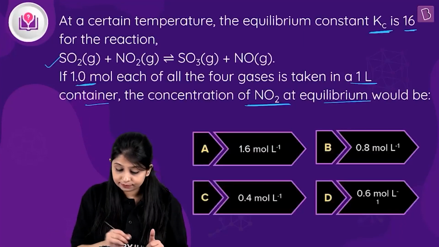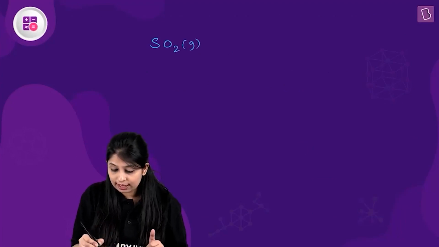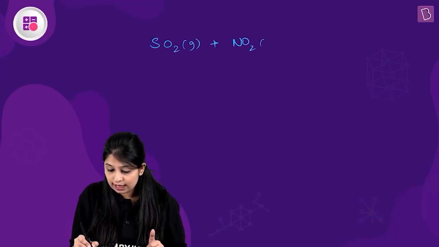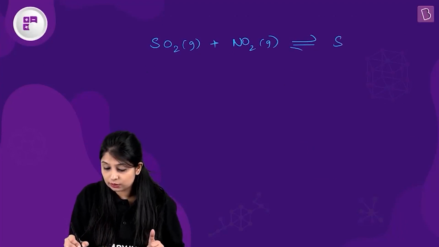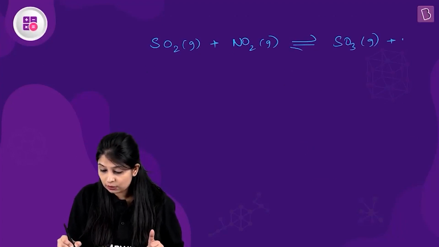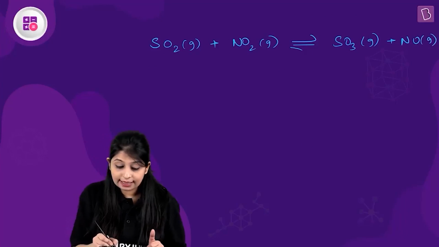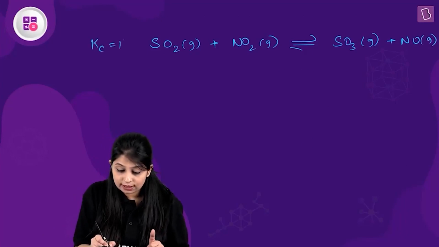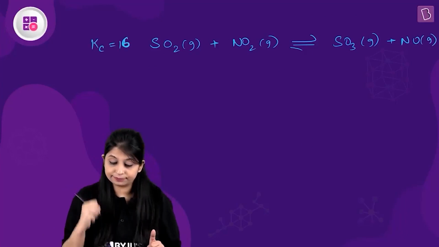Okay, so let's see what reaction we have here. We have SO2 gas plus NO2 gas in equilibrium with SO3 gas plus NO gas, and the equilibrium constant for this reaction is 16.